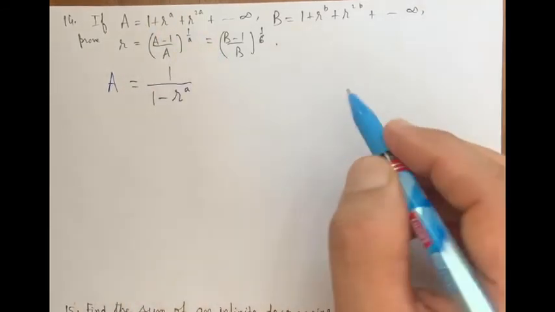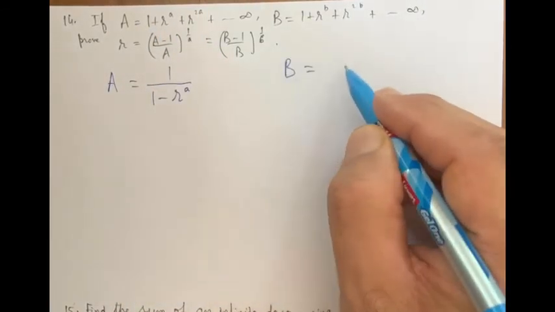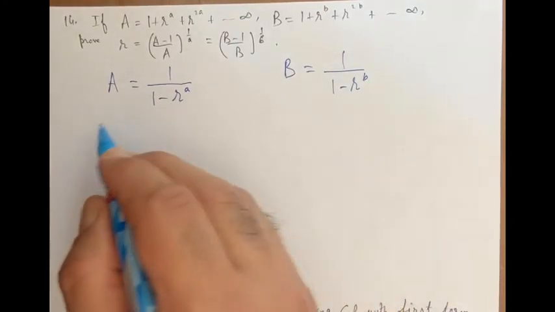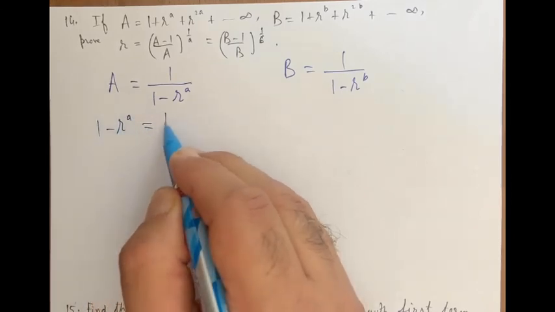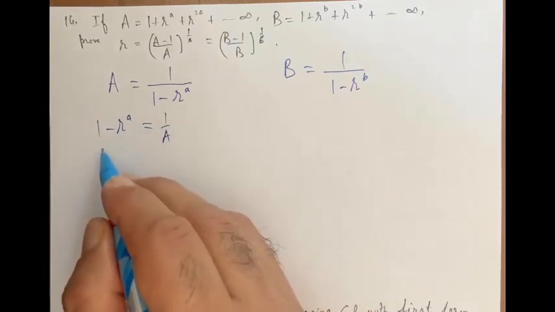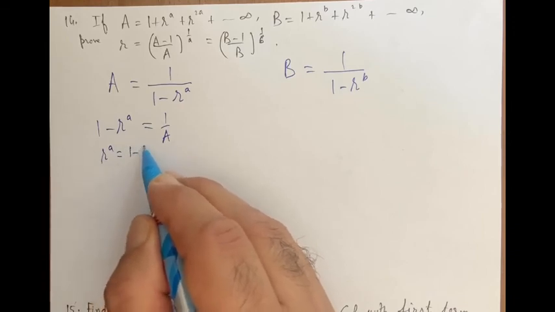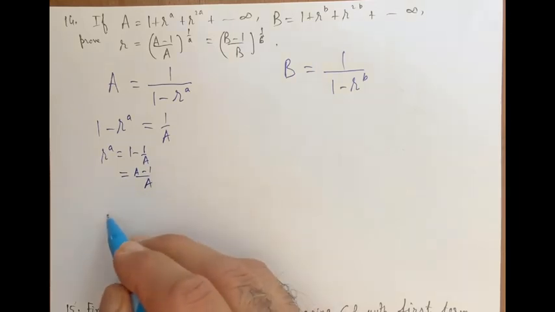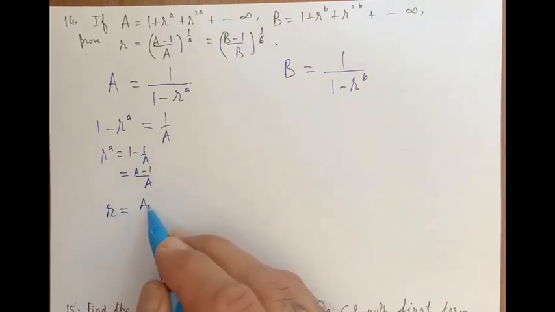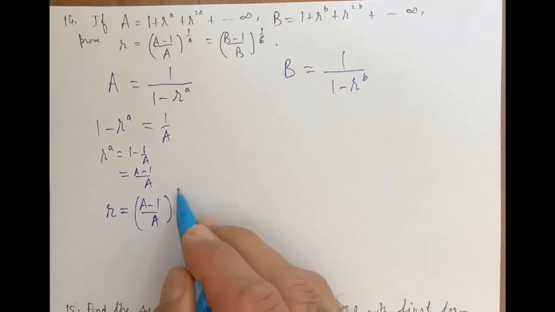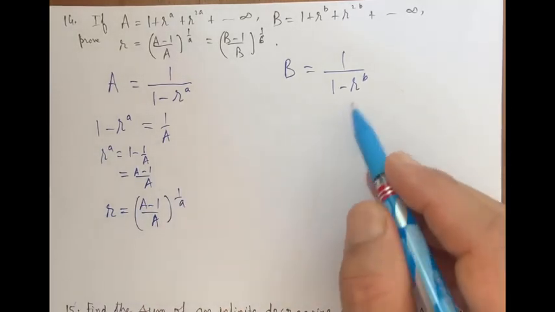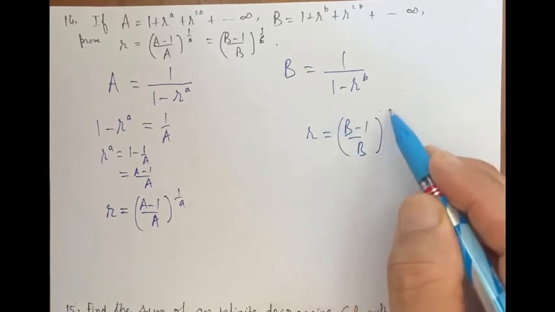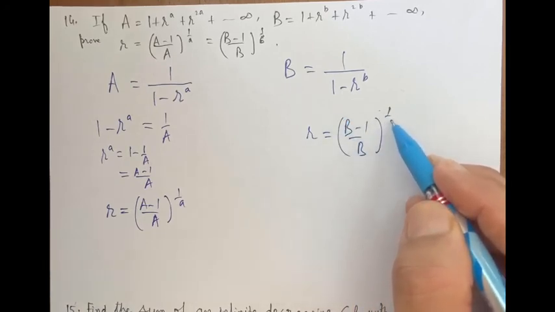Common ratio is r to the power A. Similarly, B is 1 upon 1 minus r to the power B. This can be written 1 minus r to the power A as 1 by A, or r to the power A as 1 minus 1 by A, which is A minus 1 by A, and this gives us r equals to A minus 1 by A raised to the power 1 by A. Similarly, this will give us r equal to B minus 1 by B raised to the power 1 by B.